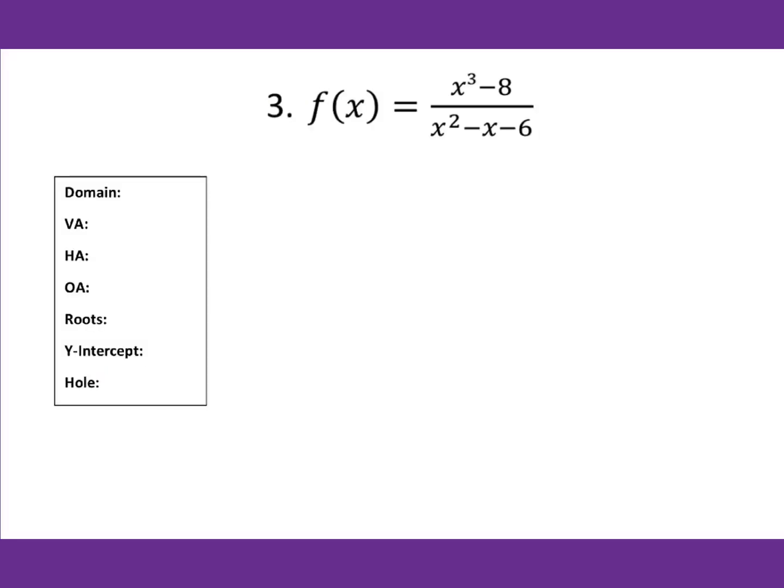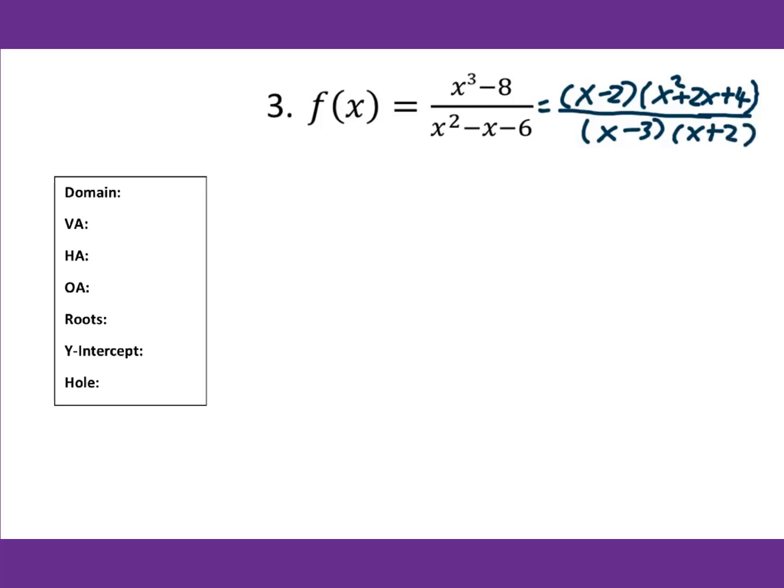For number 3, first of all, we need to factor the top. That's cubic factoring. We got x minus 2, x squared plus 2x plus 4 over x minus 3, x plus 2. Therefore, the domain will be x not equal to 3 and -2.